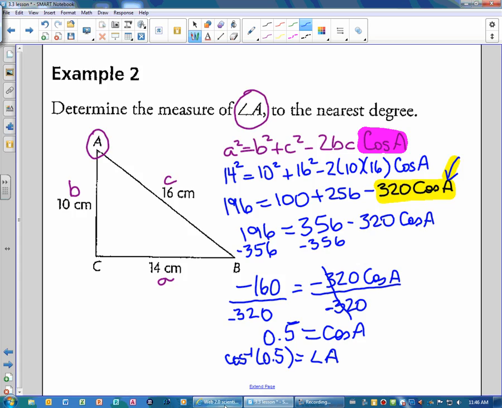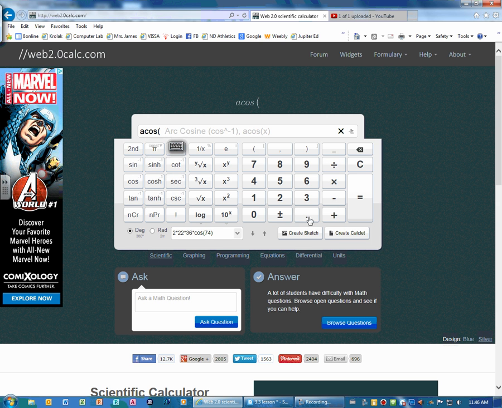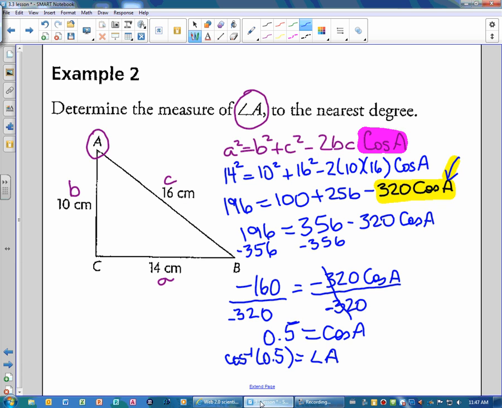So on that scientific calculator, you know, second cos, no, let's clear, sorry, second cos of 0.5. And that's asking the calculator when the ratio is 0.5, what angle created it? 60-degree angle. So angle A is 60 degrees. Done.